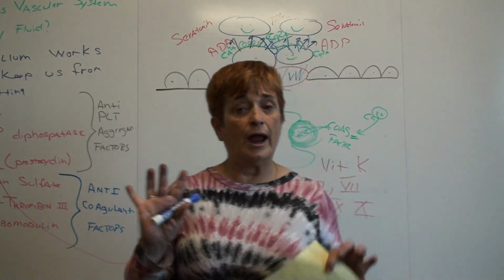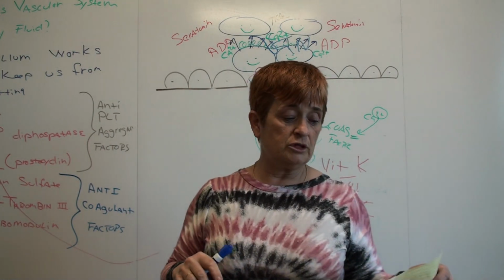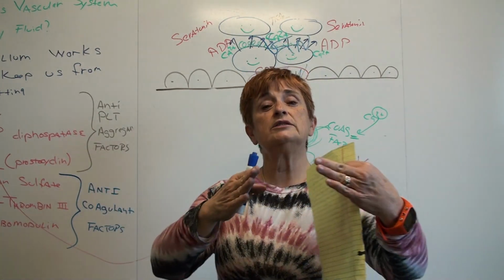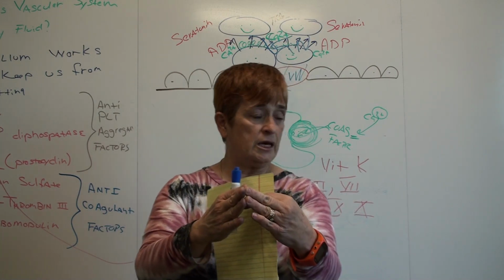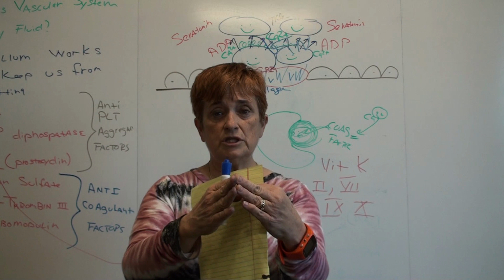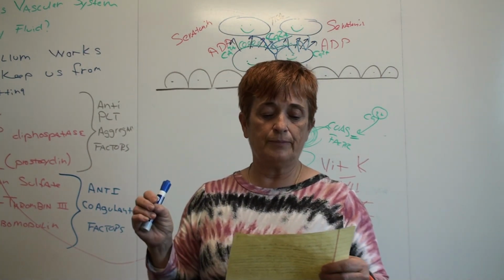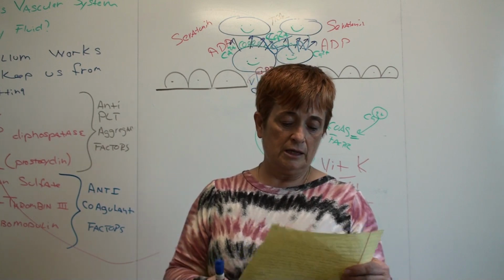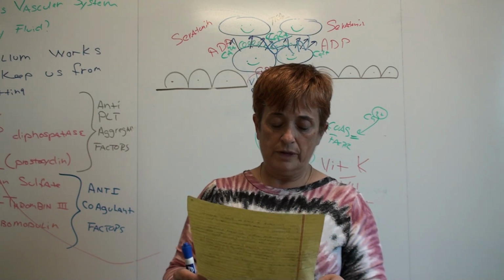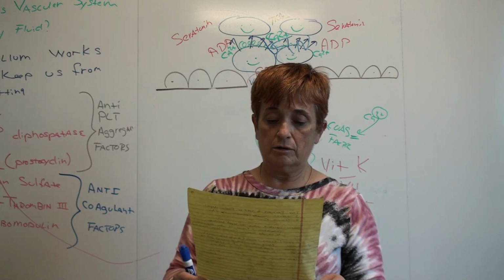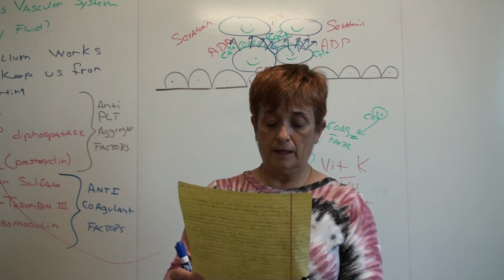Okay, so remember, how many pathways do we have? We have an intrinsic pathway and we have an extrinsic pathway. Both pathways come into the common pathway, which is by number 10, and then that leads to the fibrin product. I have this whole big picture here that I've drawn out for you.